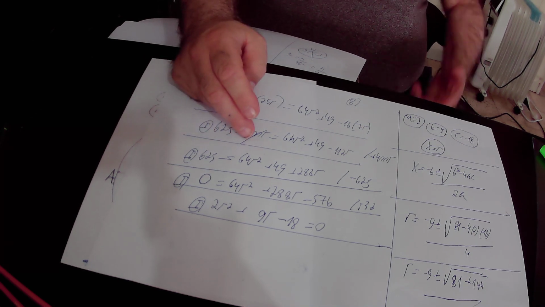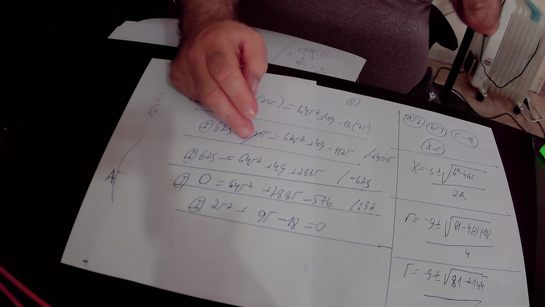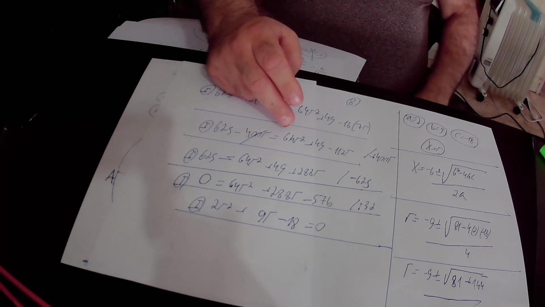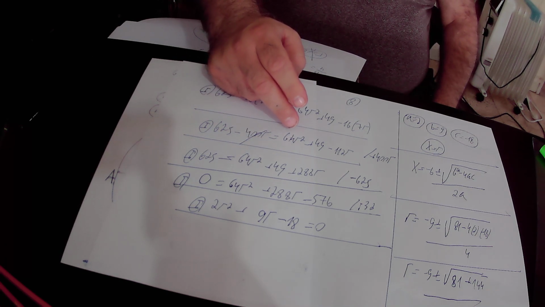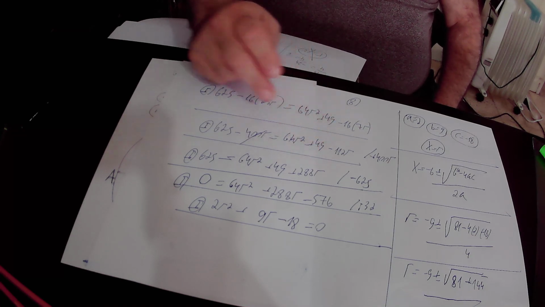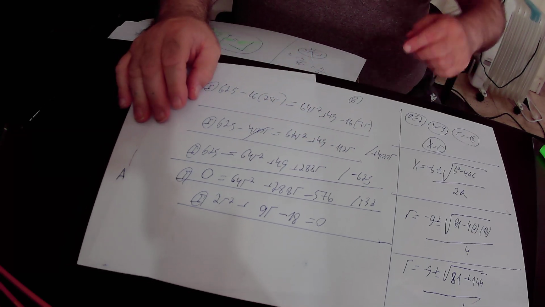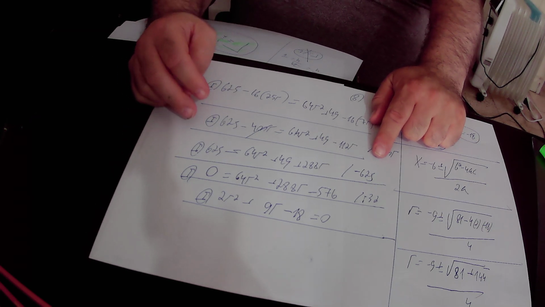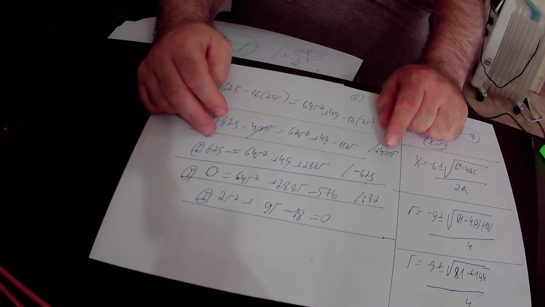On the other side of equation number 1 we have 64r squared plus 49, and 400r minus 112r equals 288r. Okay, here we subtracted 625 from this equation number 1, and we got that 625 minus 625 is 0.